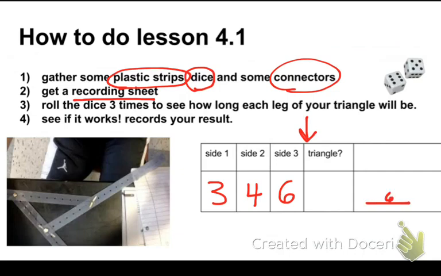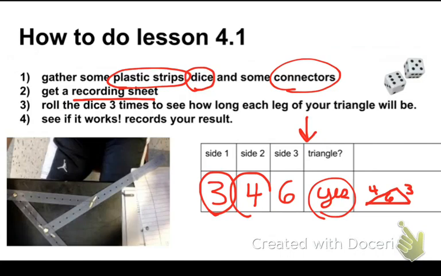I'm going to draw my line here with a 6, maybe a 4 right here, and maybe a 3 right there. That's what my triangle ended up looking like. And does it form one? Yes or no? And you're going to look at the relationship between our first 2 numbers and our third one, our longer one. What is the relationship between the 2 short sides and our long side?